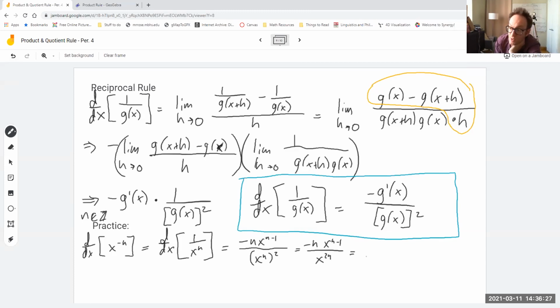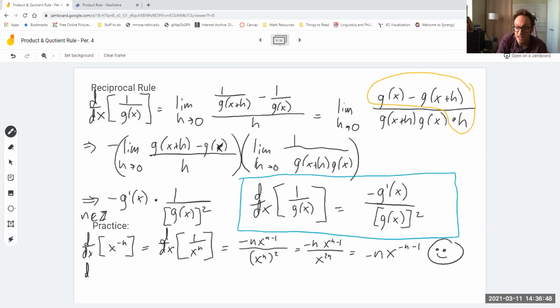And when you subtract, you get negative n x to the n minus 1 minus 2n, which is negative n minus 1. And that is exactly what the power rule suggests is supposed to happen. So that's a loose end that we just tied up. Remember, I told you to trust me on the negative integer thing?